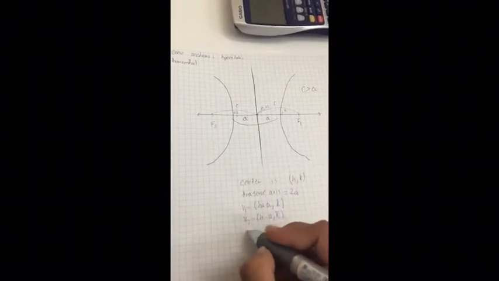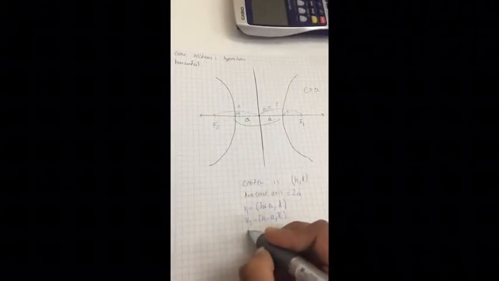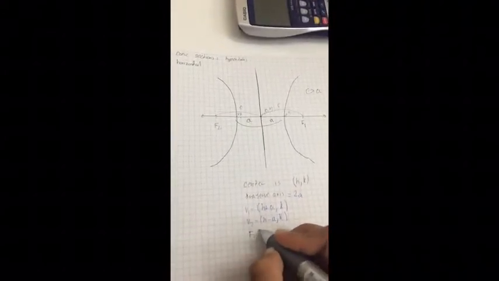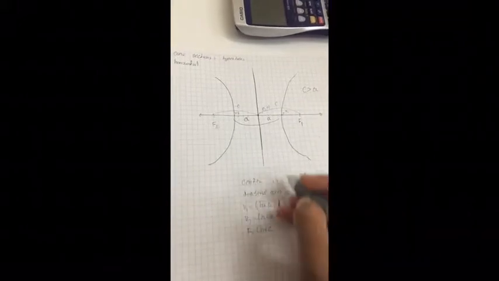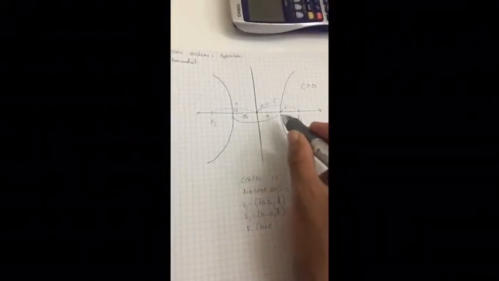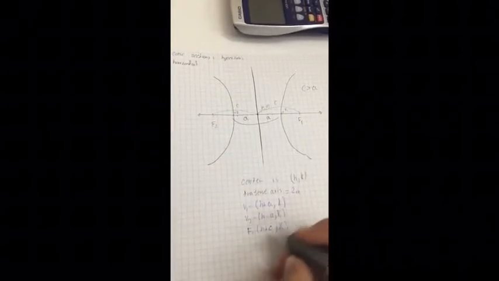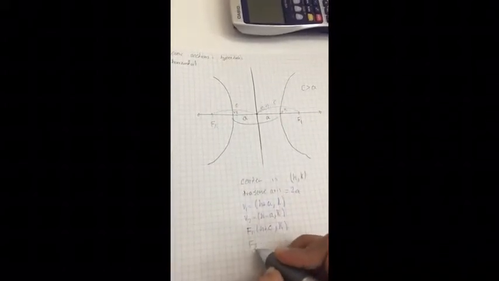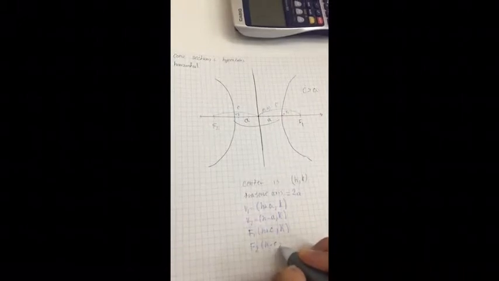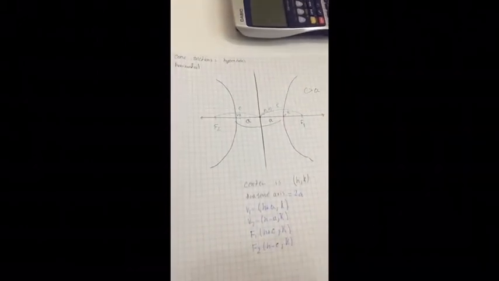Also f1 is h plus c, because c is on the same axis as x, and k stays the same, nothing changes. And f2 is h minus c, k stays the same.